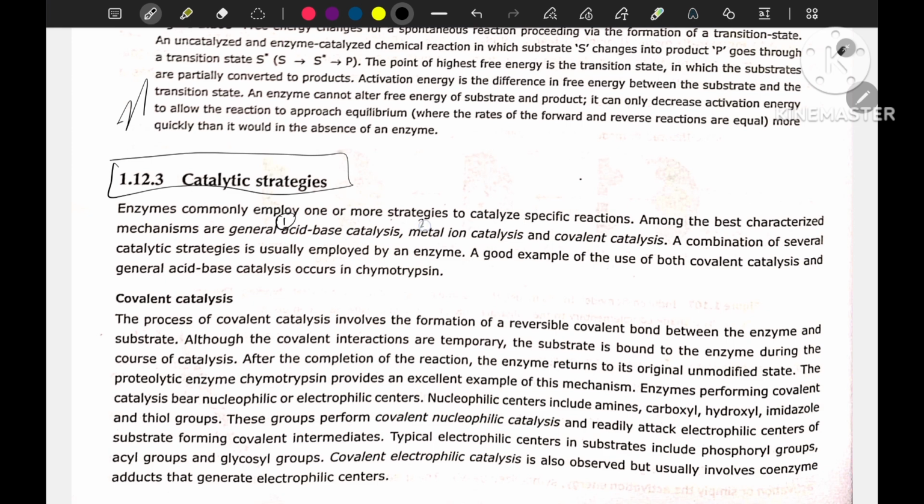A combination of several catalytic strategies is usually employed by the enzyme. A good example of the use of both covalent catalysis and general acid-base catalysis occurs in chymotrypsin.